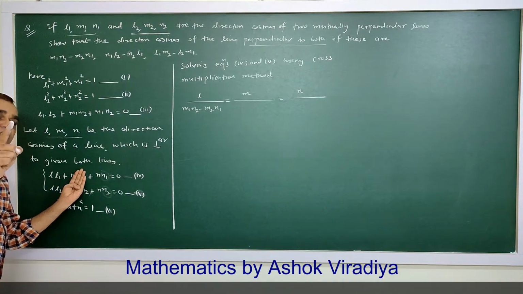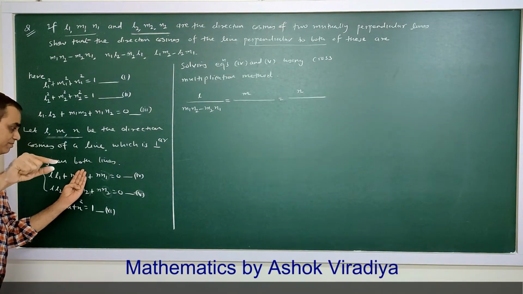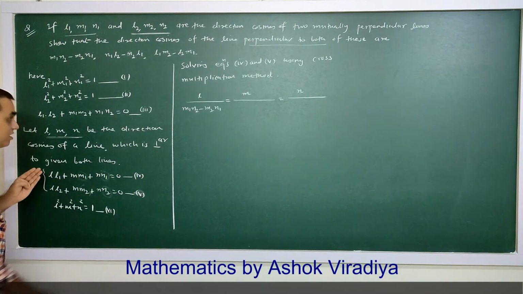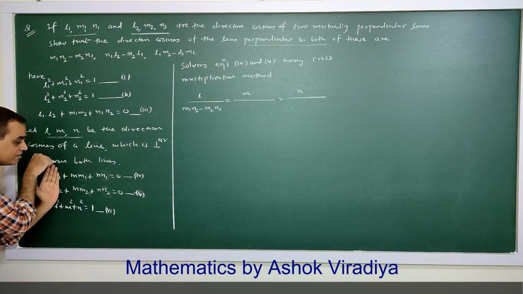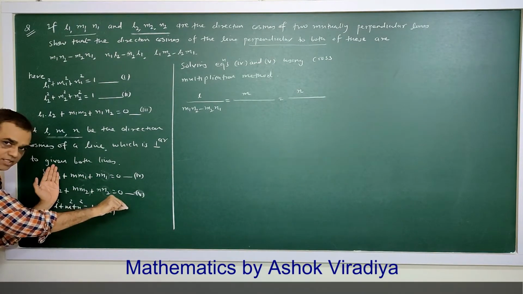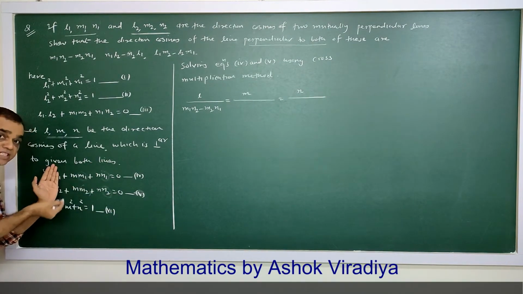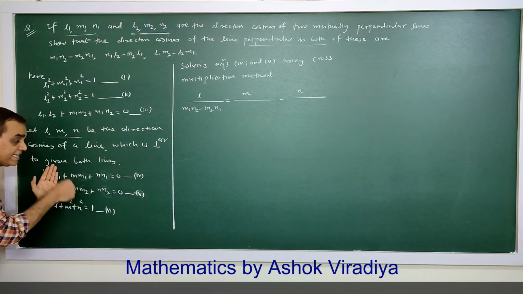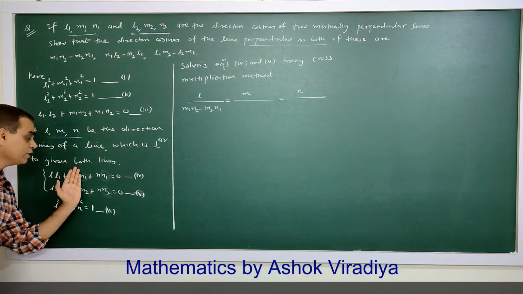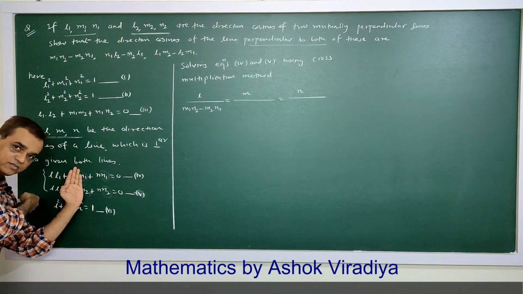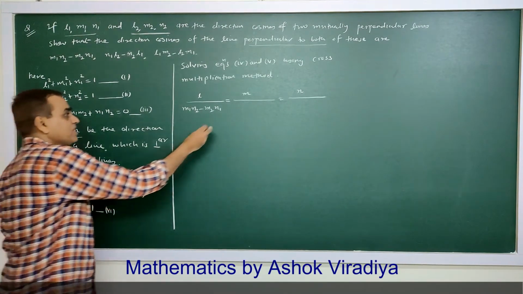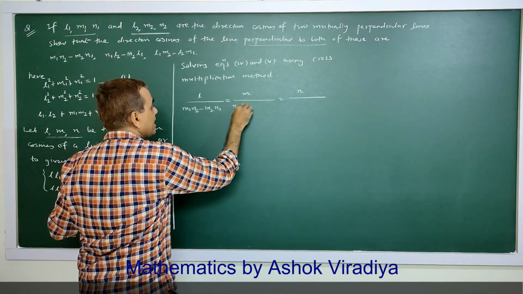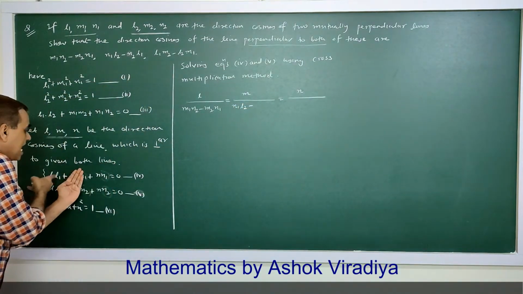The second cross is taken in the opposite direction. First, I took the cross in this direction, principal diagonal minus secondary diagonal. Now we take secondary diagonal minus principal diagonal, so N1 into L2 minus L1 into N2.